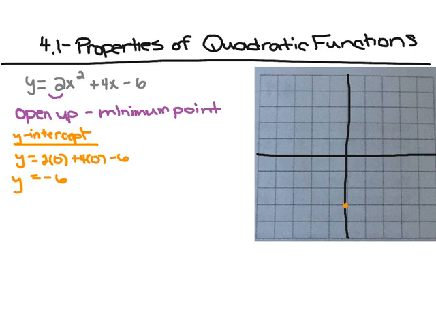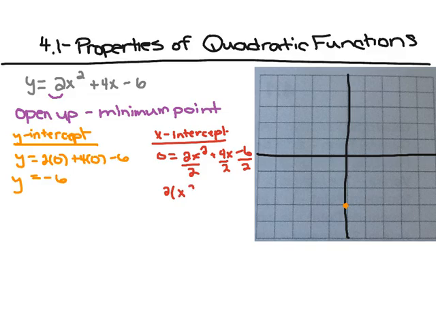For our x-intercept, in a different color, we need to make our y 0. So 0 equals 2x squared plus 4x minus 6. Now we have a trinomial, so we're going to factor, or you can use whatever method you use best. Factoring is quick.